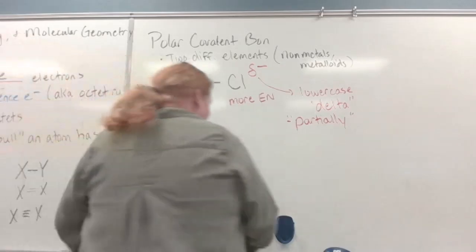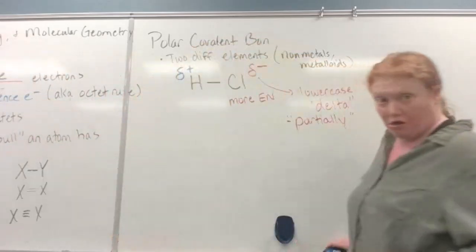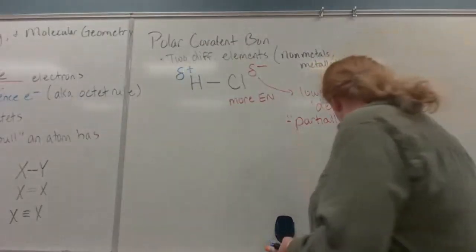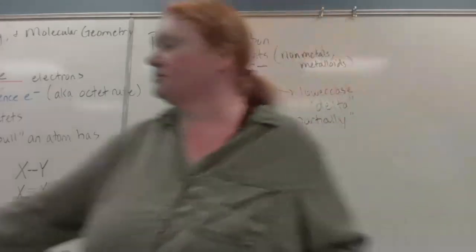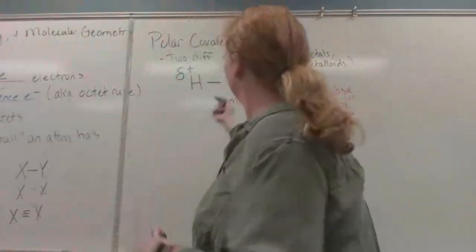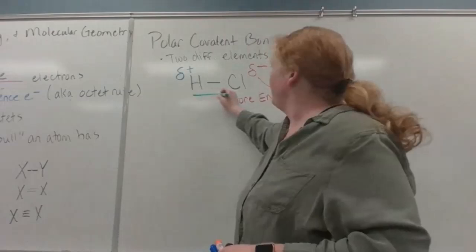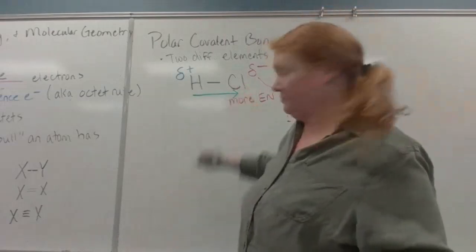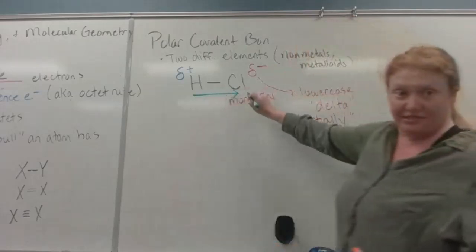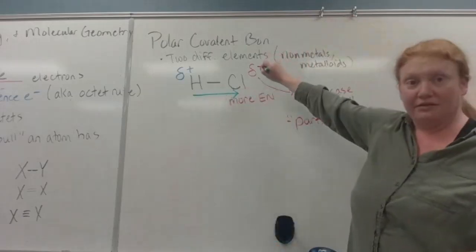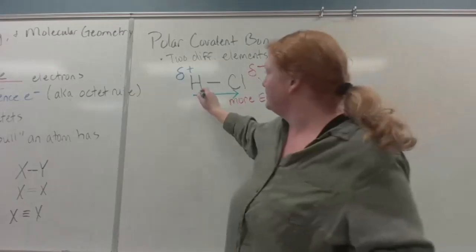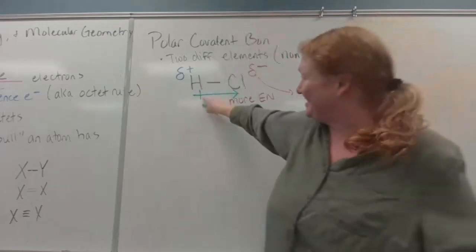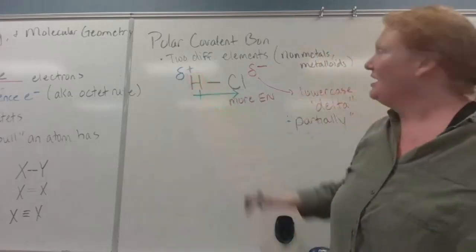Okay. And one more symbol that we can draw on a bond that you'll see is what is known as a dipole moment. So I'm drawing an arrow and I point it towards the partial negative side of the bond. And then these arrows have a little tail on them, and that is the side on the partial positive, okay?